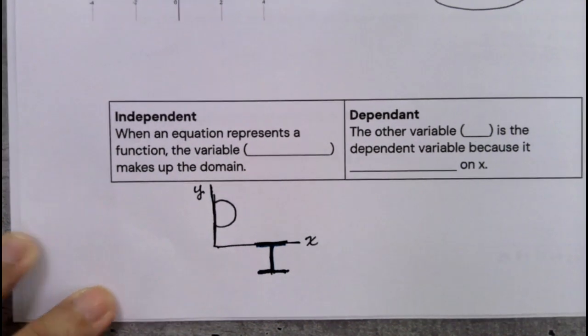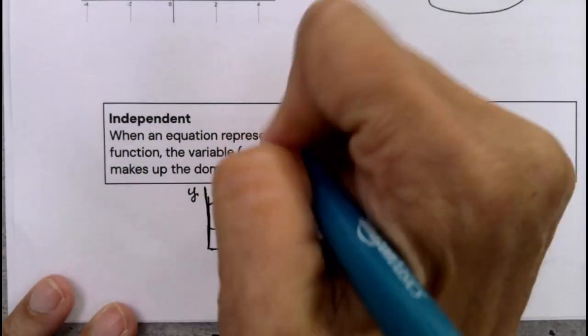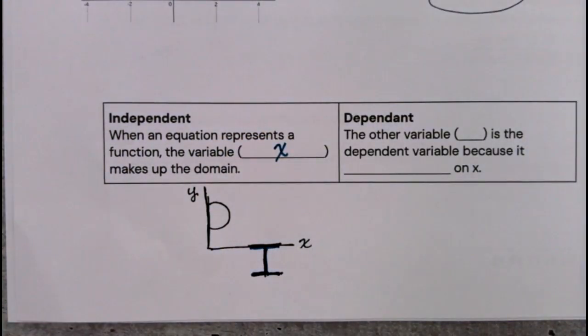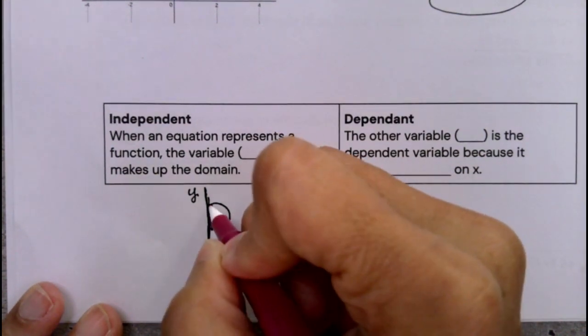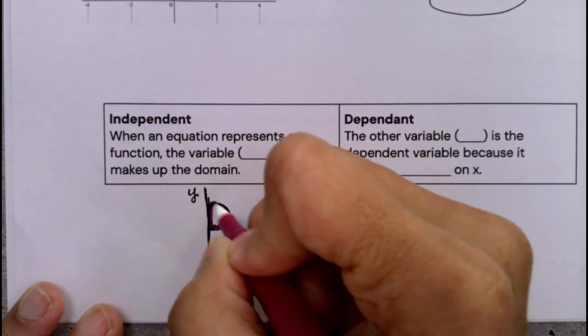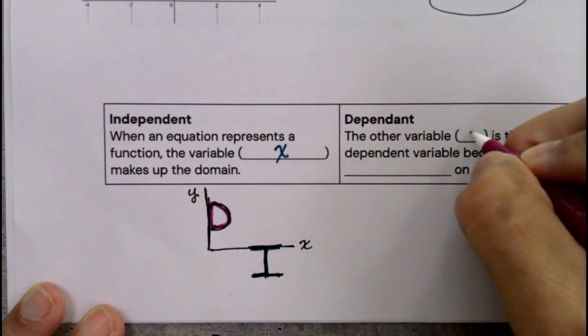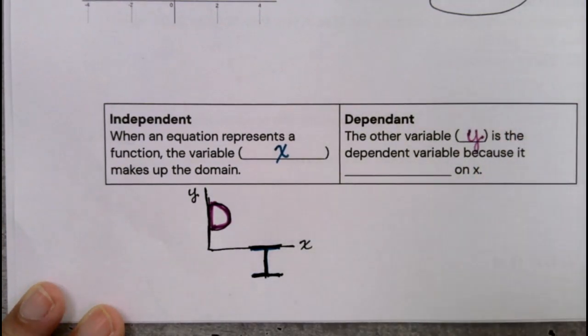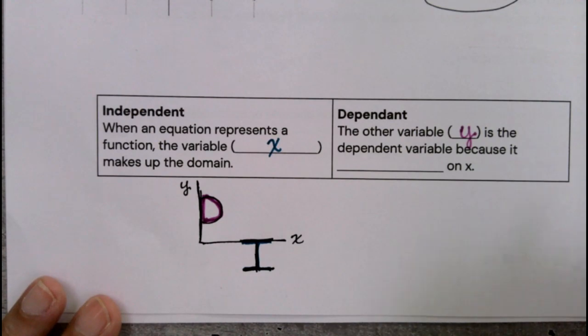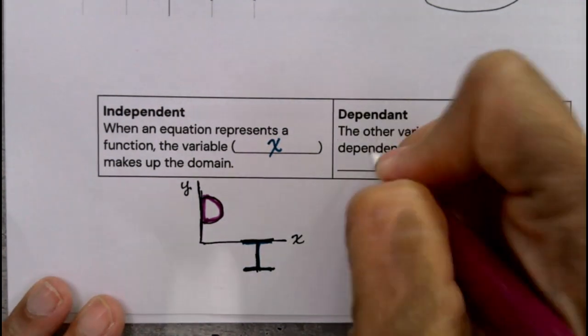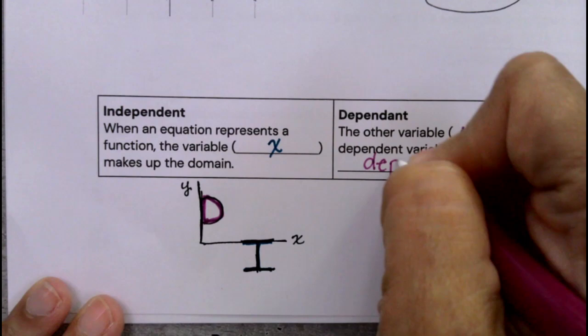Okay, so that's our x. The dependent would be the y, and it's dependent because it depends on the x.